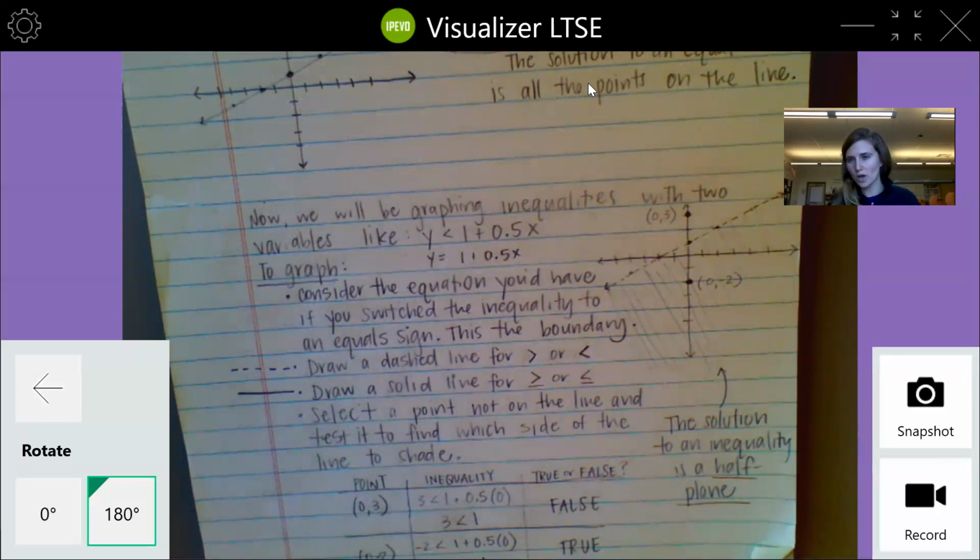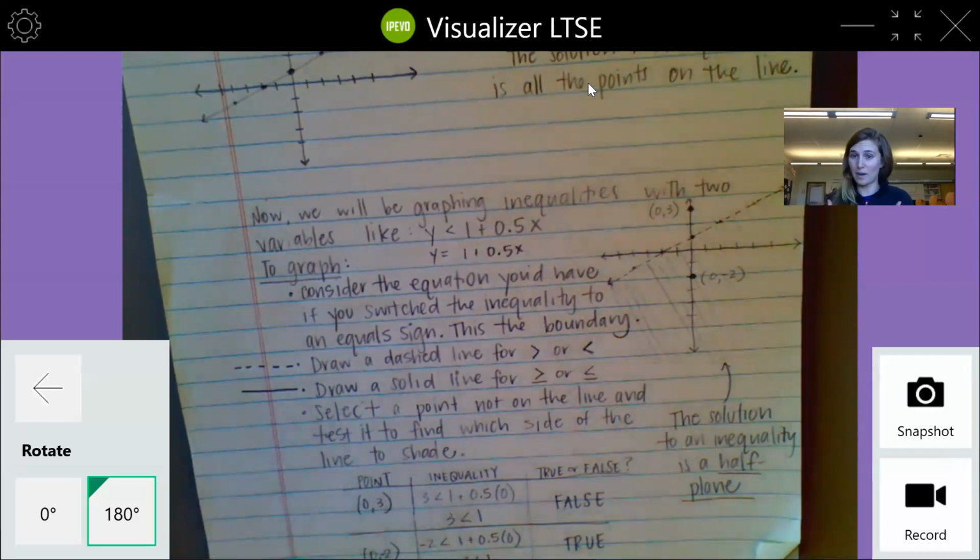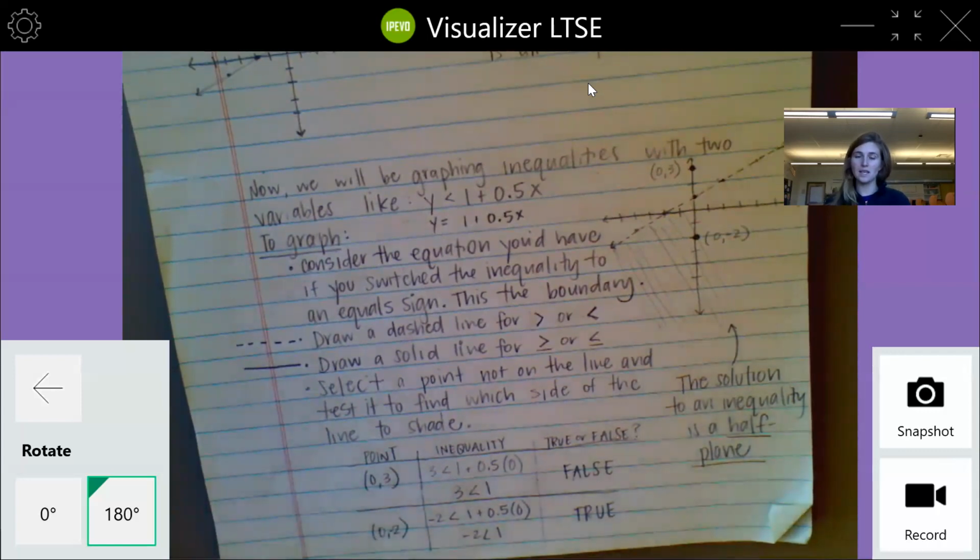And when we're talking about a half plane, it's going to be just half of that. It's either going to be above or below the line. And how we figure that out is we select a point that's not on the boundary line, and we just plug it into our inequality to determine if it's true or false.